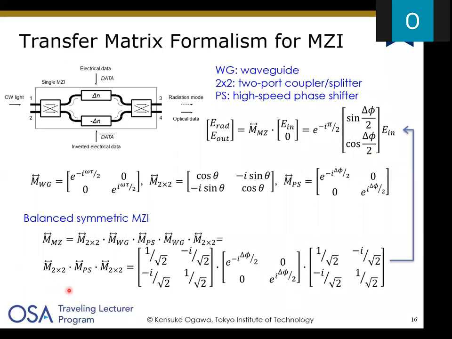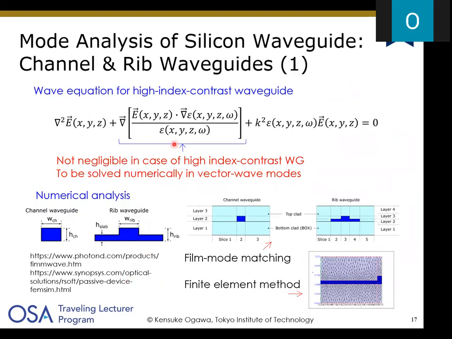This is very advantageous to construct more complex optical circuits with high port counts based on this 2x2 scheme. So that's the very rough sketch of the interferometer circuit.